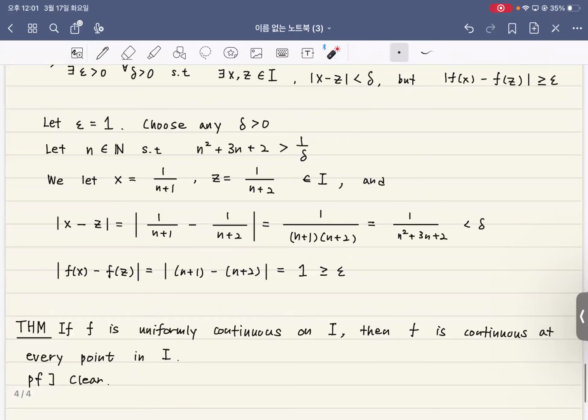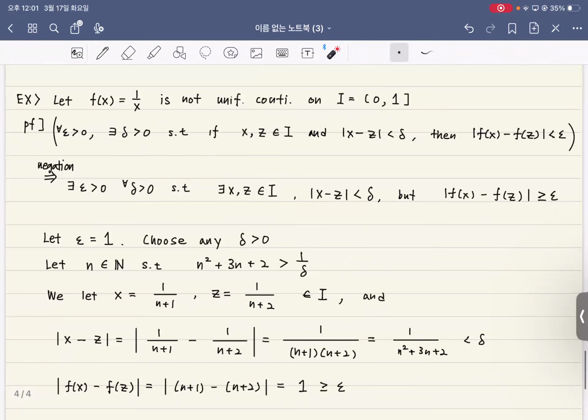Because f being uniformly continuous on I means that as long as two points are close to each other by less than delta, the difference of their function values is less than epsilon.